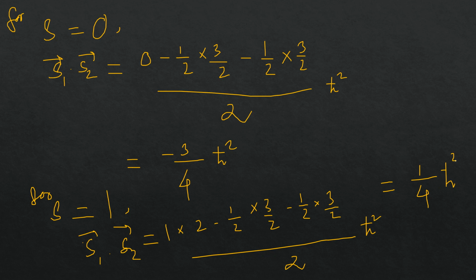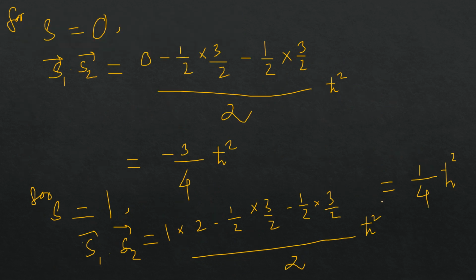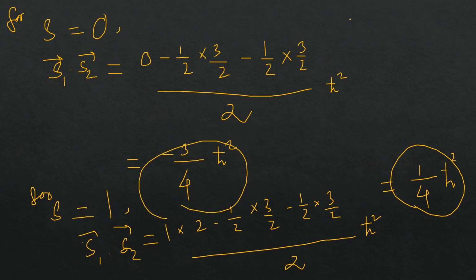So what is the question? The question is the difference between the maximum and minimum values. This is the maximum value, this is the minimum value. The difference will be 1 by 4 h cut square minus of minus 3 by 4 h cut square.